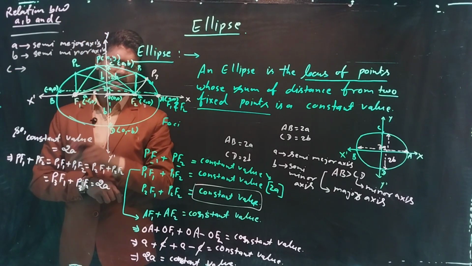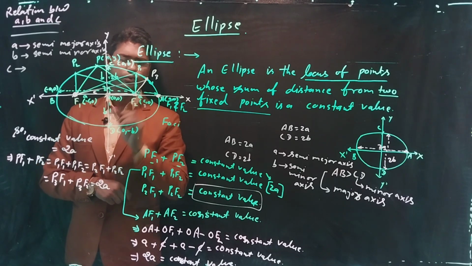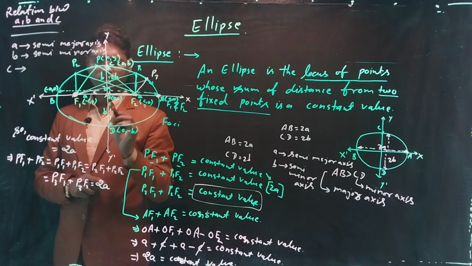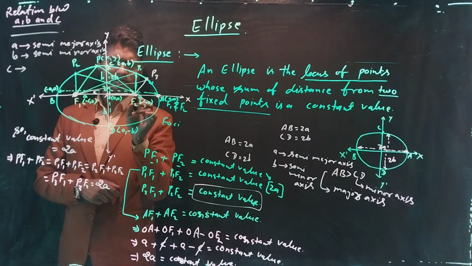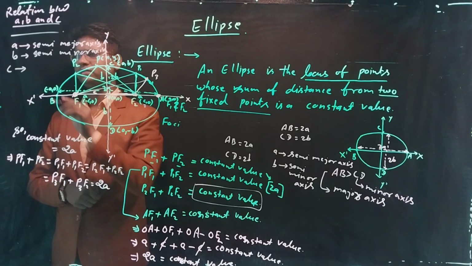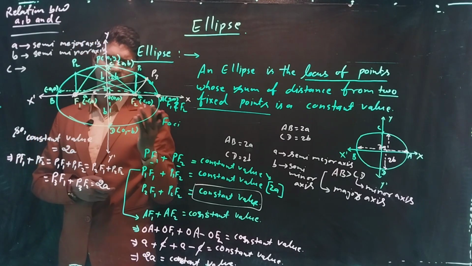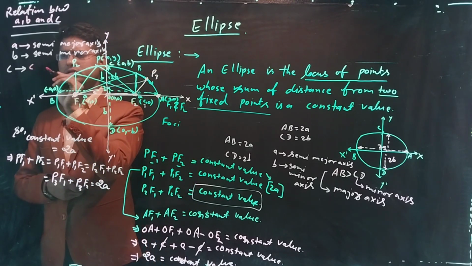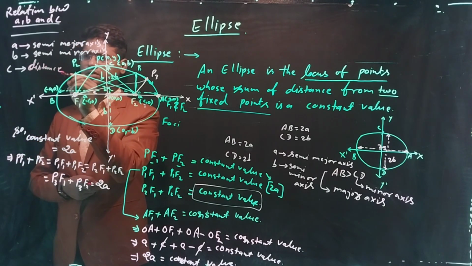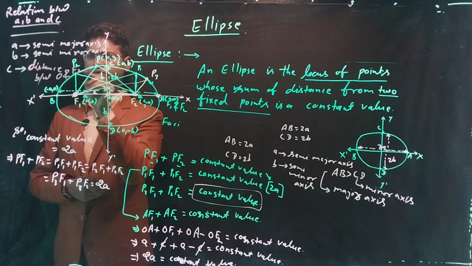C is the distance between the center of an ellipse and a focus of an ellipse, meaning OF2. The distance OF2 or OF1 is equal to C. C is nothing but the distance between O and what, students? F2.